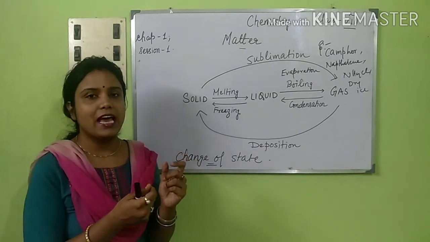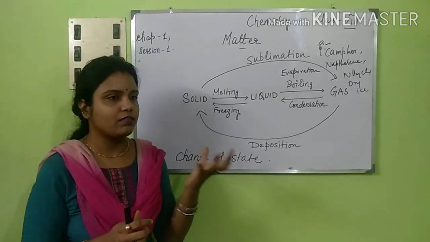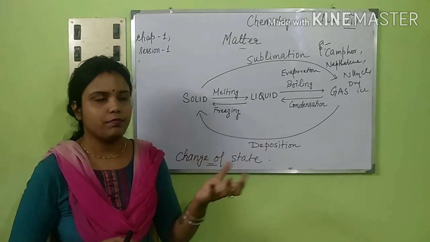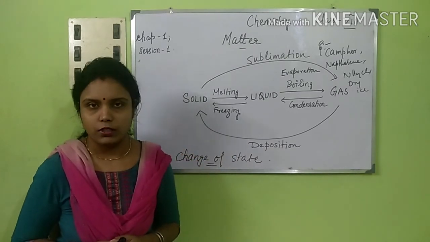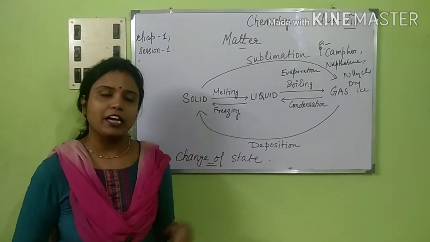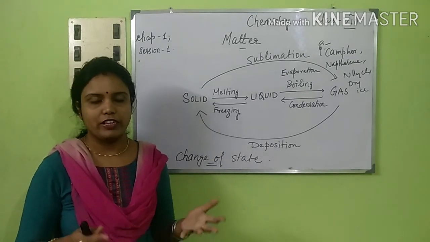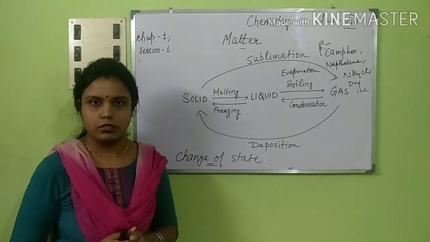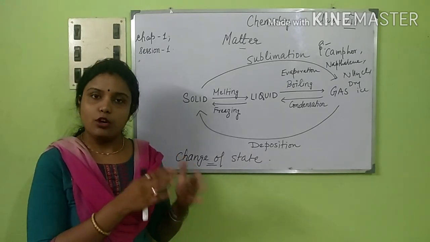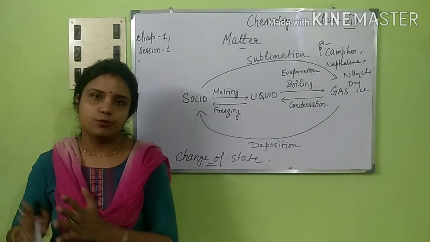You put the gas on, you put the vessel with the water, and after maybe half an hour or so, this water has gone off and converted to vapor form. But in case of evaporation, it might take a long duration of time, like the wet clothes getting dried up under the sun. It takes maybe 3 to 4 hours. So evaporation is a slow process, whereas boiling is a fast process.